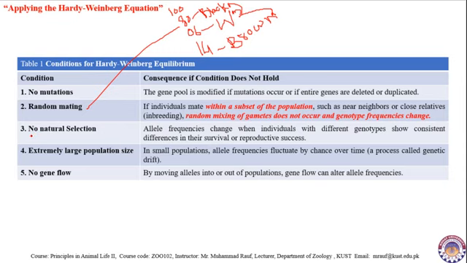The third is natural selection. Now, natural selection is the mechanism for evolution which was presented by Charles Darwin in his book published in 1859.